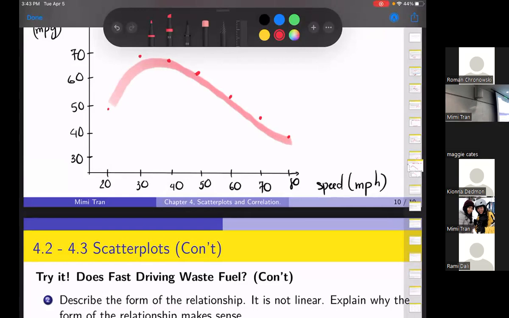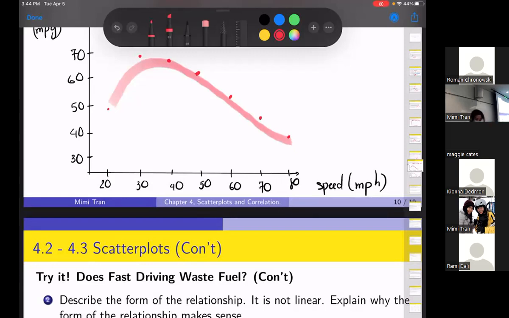I thought you consume more gas. But yeah, highway mileage is better than regular road because you don't stop and start again. It's kind of momentum, right? So I guess it makes sense.